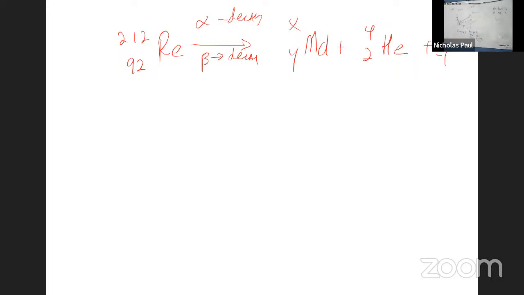Same thing with the atomic number. Try that one. Find X and find Y.